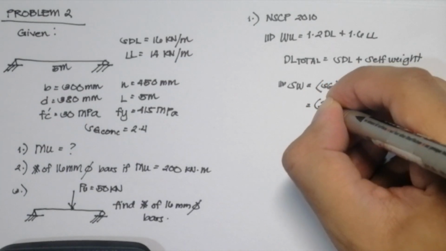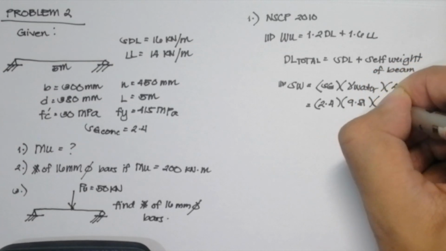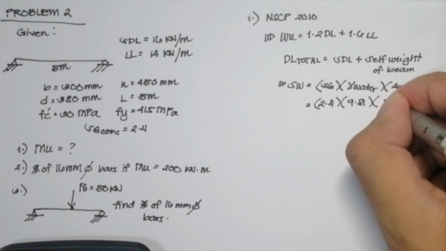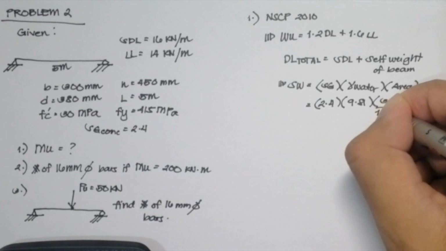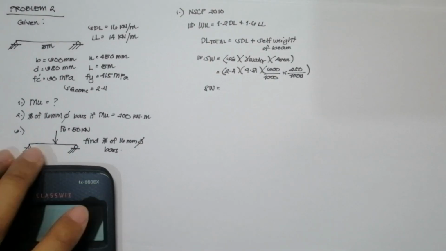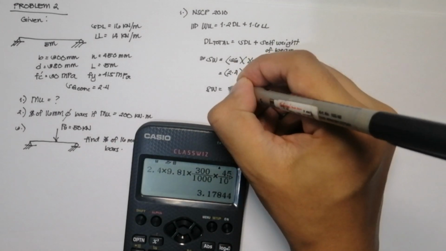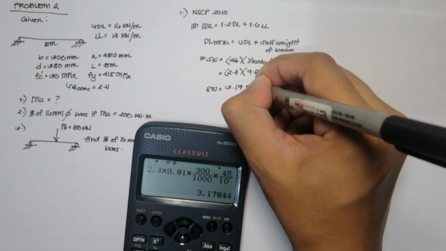So 2.4 multiplied by 9.81 if the unit weight of water is not given by default. And our area will be 300 divided by 1000 times 450 divided by 1000 to change it into meters. So for our self-weight, we have a value of 3.17844 kilonewton per meter.